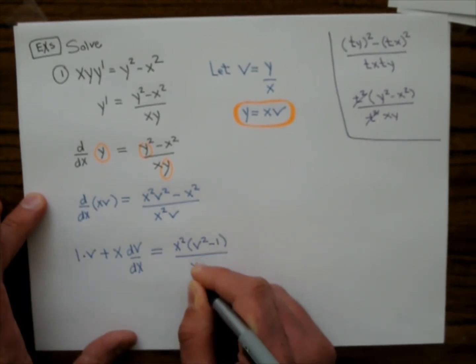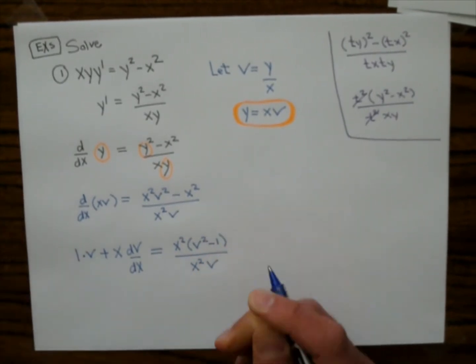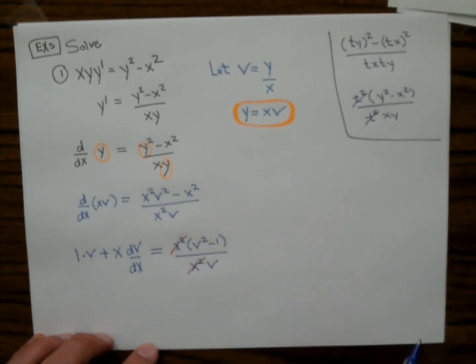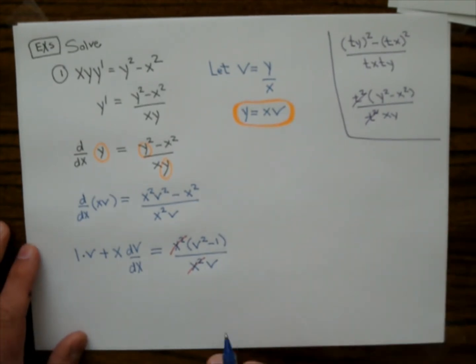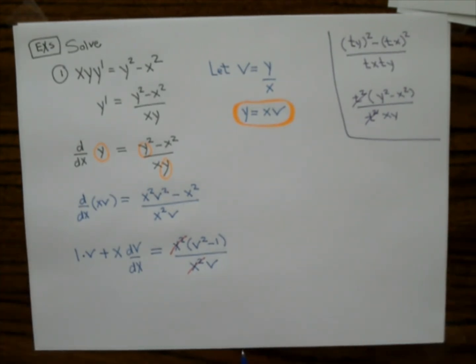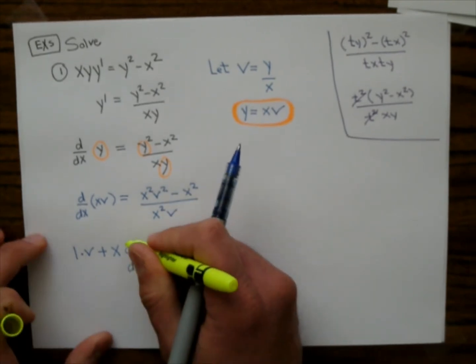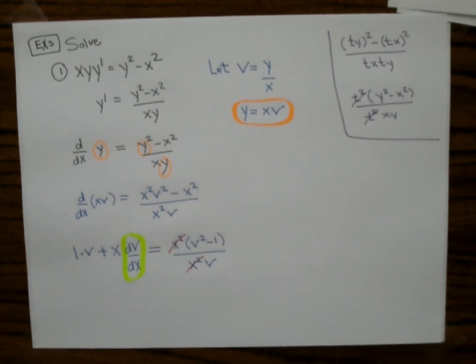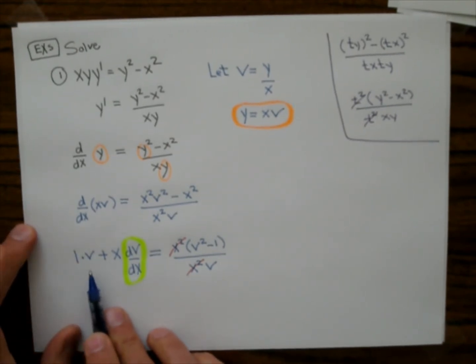And look what's going to happen on the right-hand side. You are going to cancel those x squareds. Okay. Now, what I want to do is solve for dv dx. To solve for dv dx, I'm going to subtract a v on both sides.